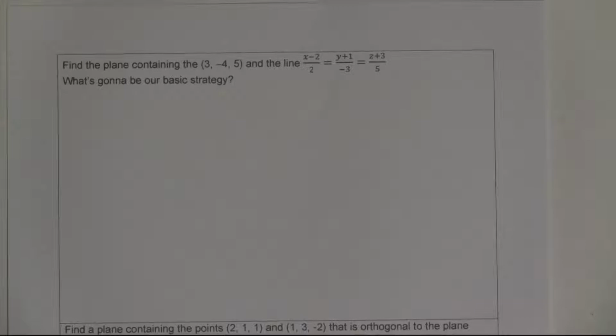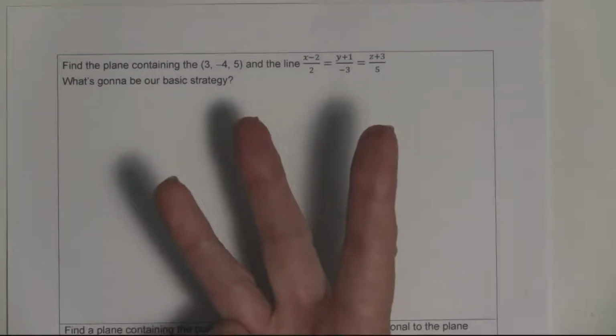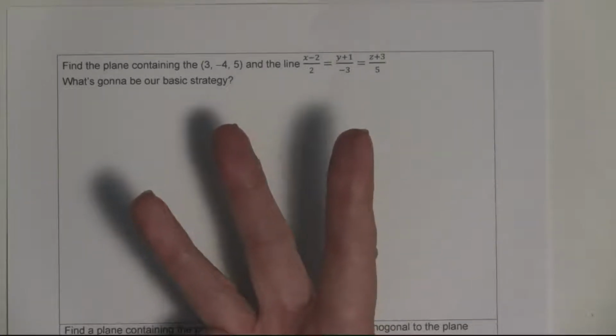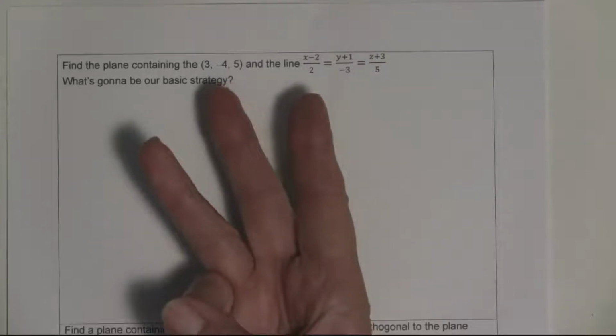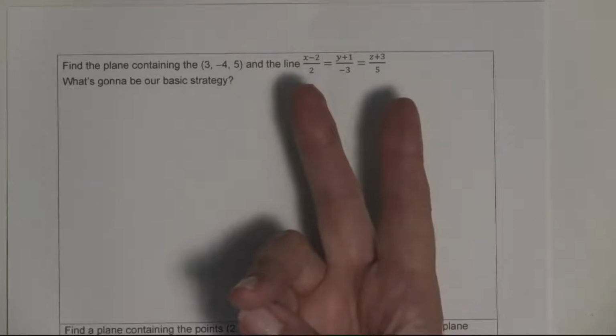So kind of the idea is that what you need is you need 3 points in your plane, and so I've been given 1. I could use this line to find the other 2.